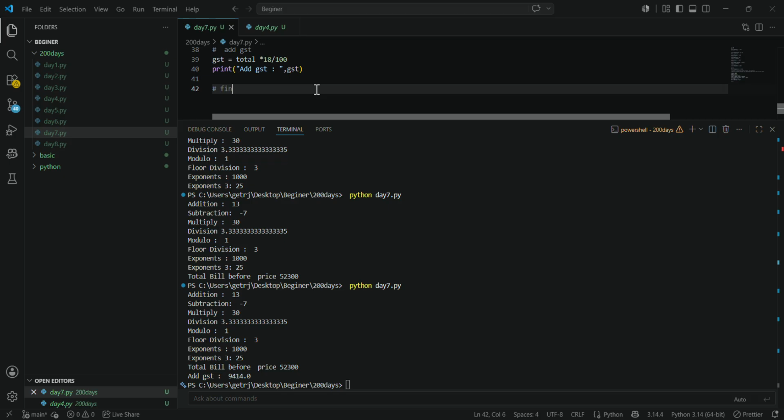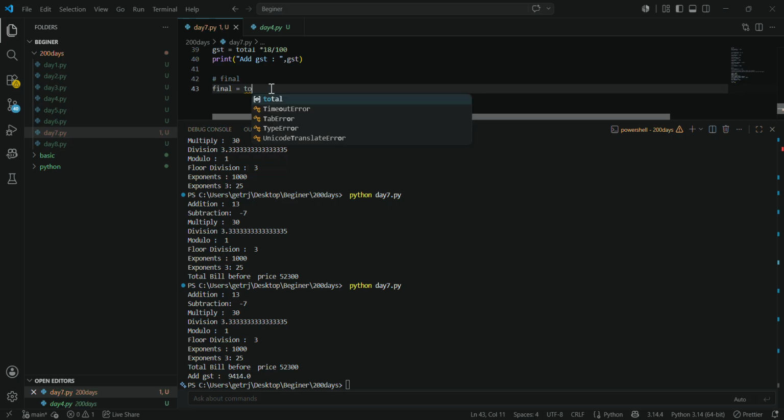Now we are at final. After adding GST, we get the final amount that the customer needs to pay. So final bill equal to total plus GST. So I'm writing here final equal to total plus GST.